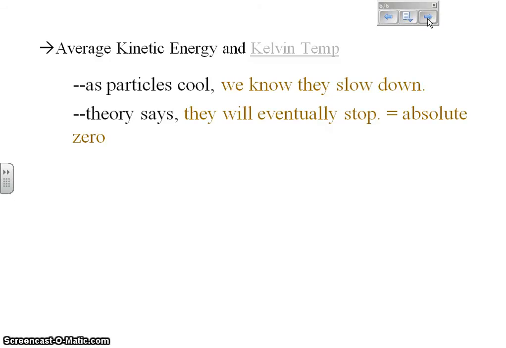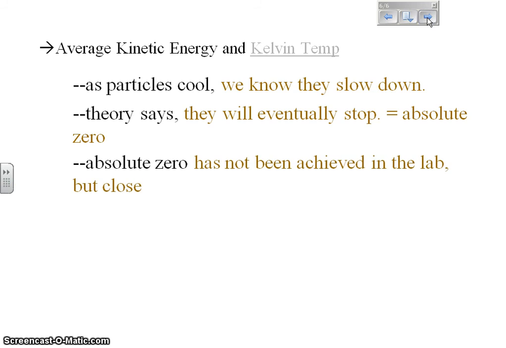They've gotten really close, but they have not declared absolute zero in a laboratory setting. But as the particles cool down, they will slow down, and if they stop, that will be called absolute zero. Absolute zero, as I said, has not been achieved in the lab, but it is close.